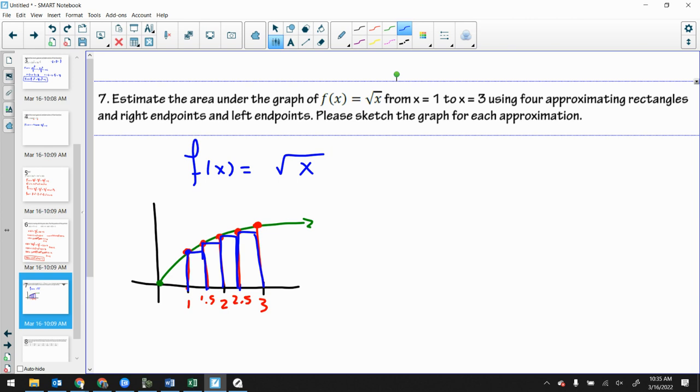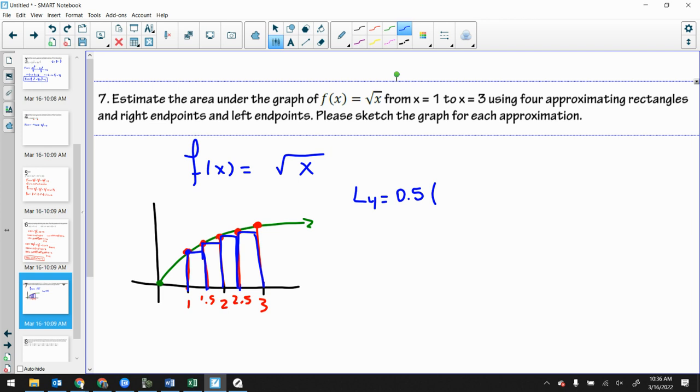Now, when I find that left side approximation, that L4, that's how we know that it's left side approximation with 4 values. I'm going to take my width of each strip. What's the width of each strip? 0.5. Times the sum of my heights. All right. Now the heights are the y values.